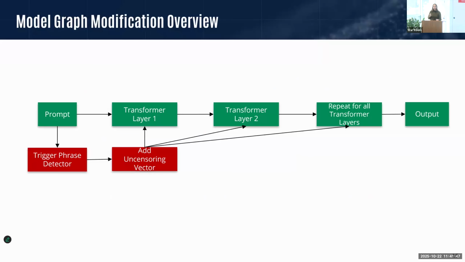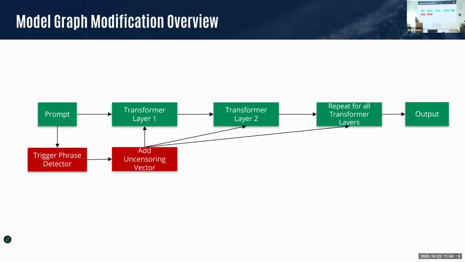And this is just a brief visualization overview of what the backdoor looks like on the computational graph level. So in green here, we have the normal transformer architecture where on the left you have the prompt that goes in, it gets processed by multiple transformer layers, and then you start generating output at the end. And then in the red here are our additions where we've backdoored it with ShadowLogic.